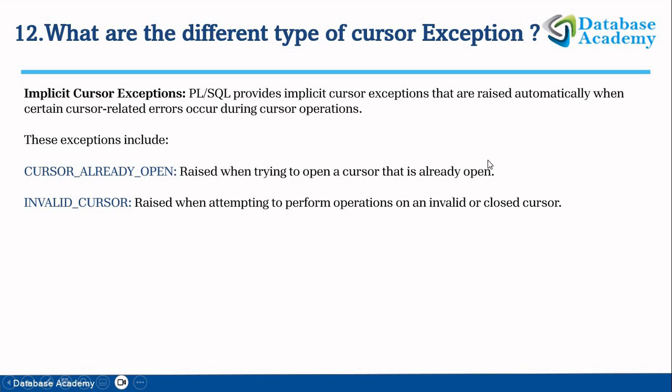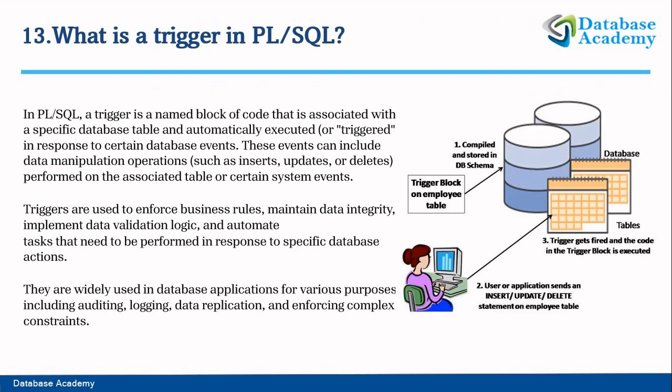So before opening any cursor, we should use the %ISOPEN attribute, which will return true if it is already open. Second, INVALID_CURSOR, raised when attempting to perform an operation on an invalid or closed cursor. So if that cursor is already closed and we are trying to fetch data from that cursor, we will get an invalid cursor error.